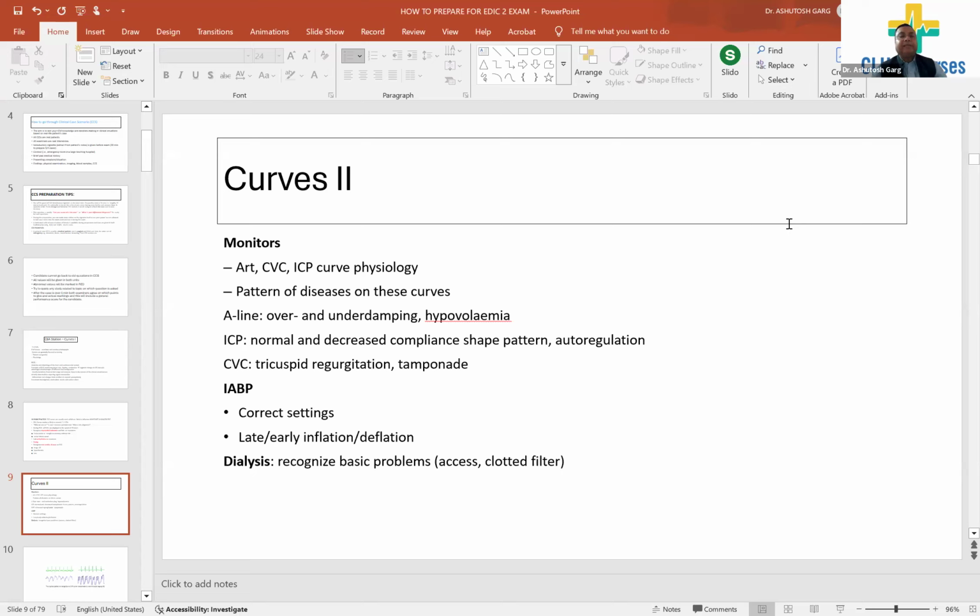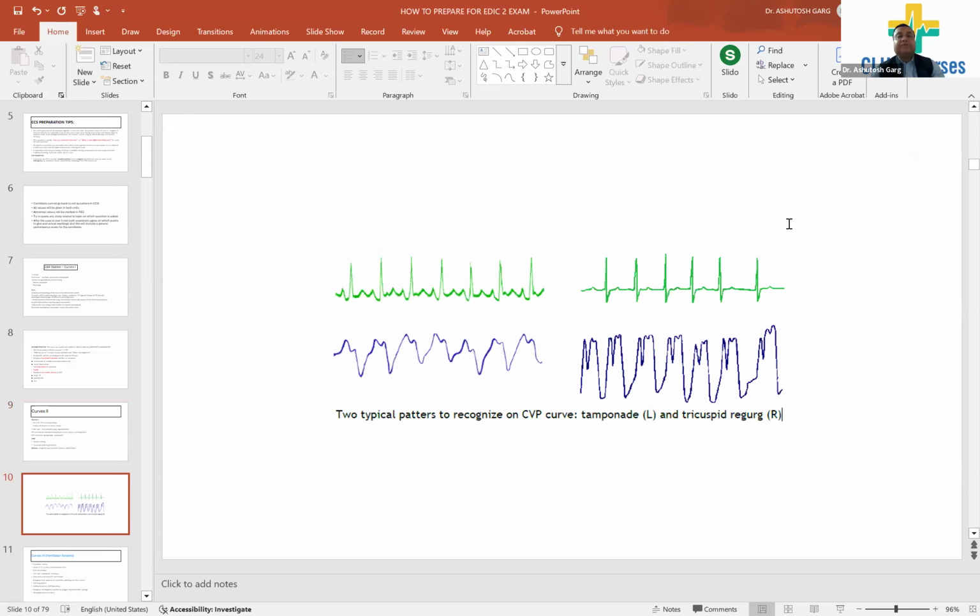In IABP, there may be correct settings, late deflation, early deflation, late inflation, early inflation. So there may be timing errors they can give you. In dialysis graphs, they can ask the basic problems like access line or filter clotting. So they ask these typical patterns to recognize on CVP curves, tamponade and tricuspid regurgitation. So they will ask anything from you.